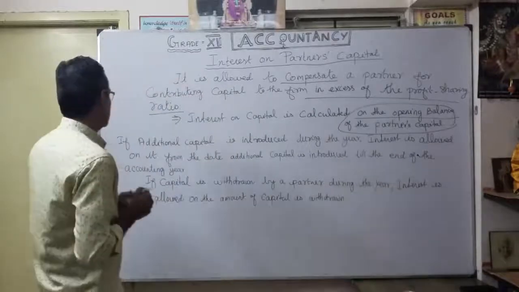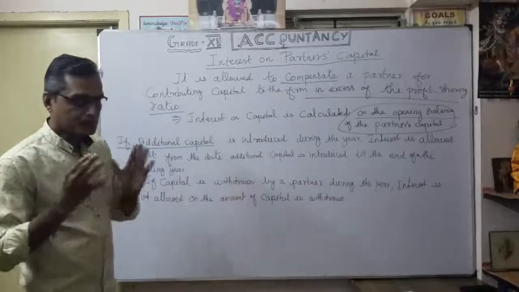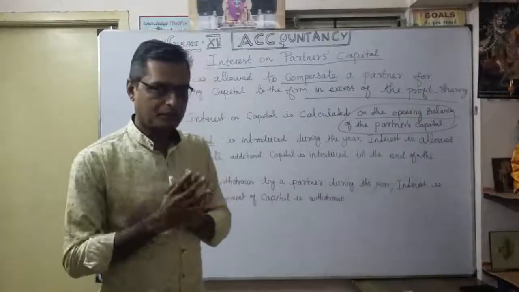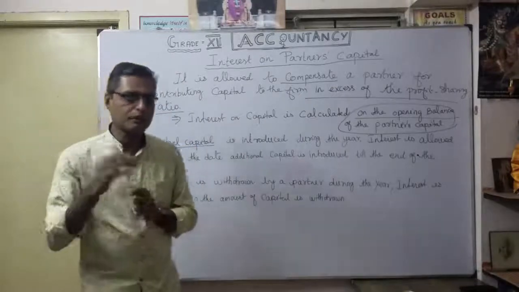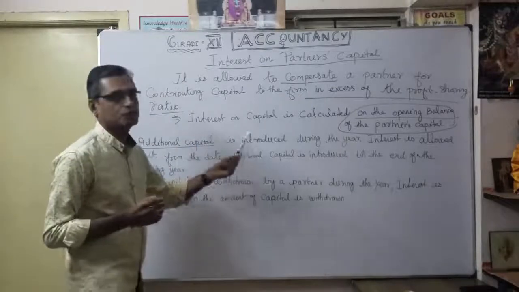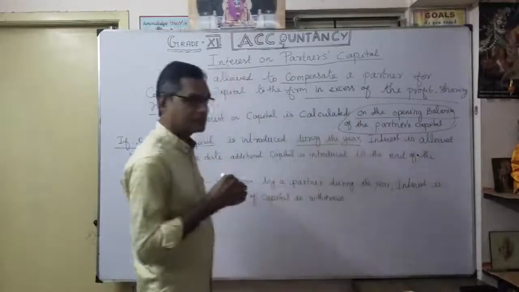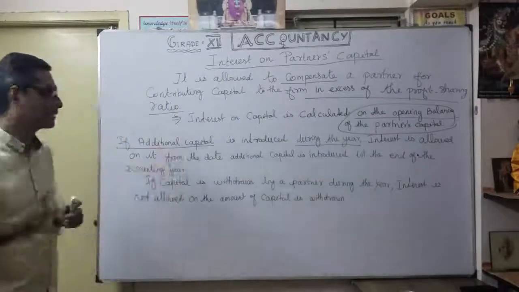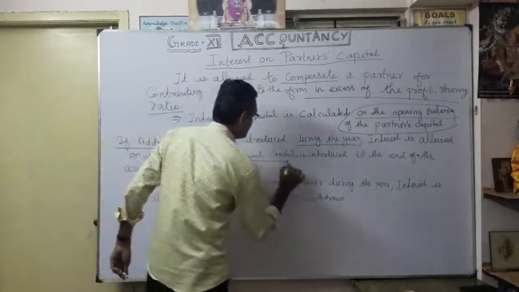Then, suppose there is additional capital during the accounting year, as required by the business. Suppose some partner gives additional capital, introduced during the year. How do we calculate interest for that additional capital? Very simple. You need to know the date the additional capital was introduced.